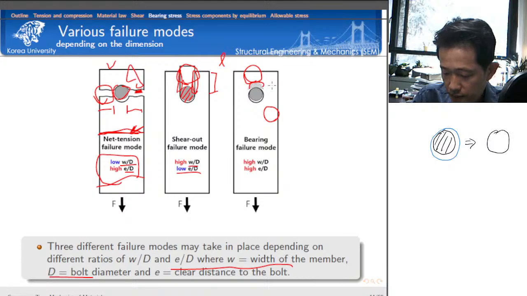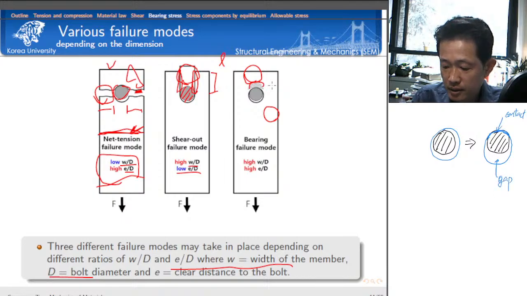After deformation, the bolt is almost rigid, so we have strong contact here, and then we must have a gap as a consequence of the loading. That's why the material under contact in such a condition may be crushed. This is called bearing behavior.